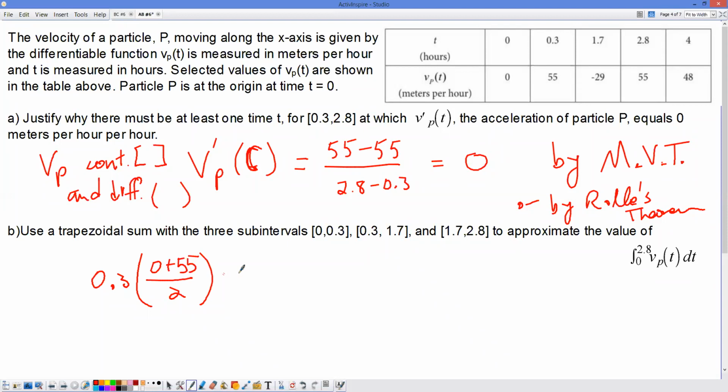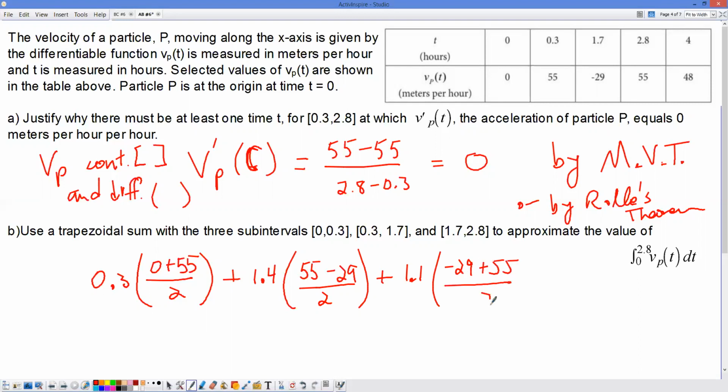The next one is 0.3 to 1.7, so 1.4 is the length of that subinterval, and that one's 55 plus negative 29 divided by 2. The last one is the difference between 2.8 and 1.7, which is 1.1, and that one's negative 29 plus 55, also over 2.